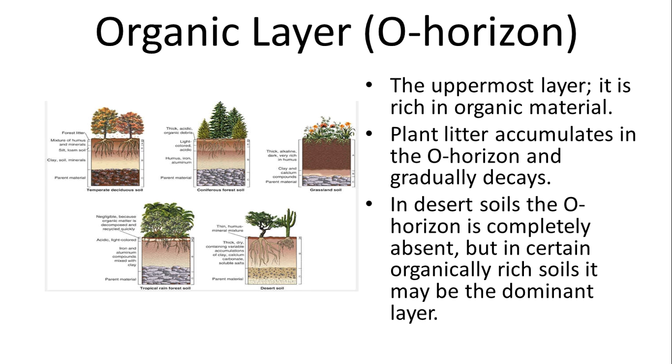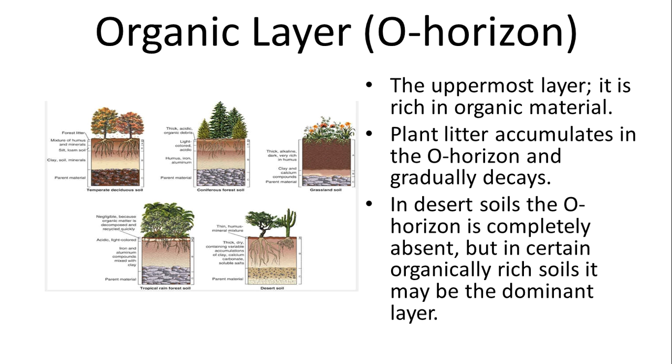So we're back to this picture. The uppermost layer is very rich in organic material, and the plant litter is accumulating in this O horizon. And so as plants shed their leaves, perhaps even an animal dies, you end up with this decay and it ultimately breaks down.